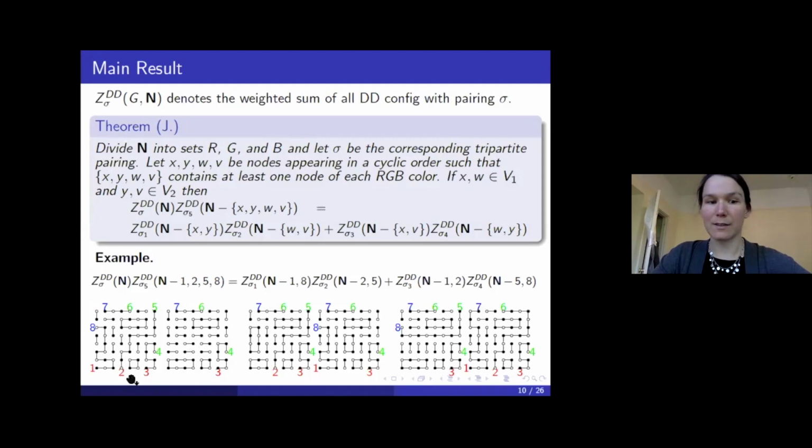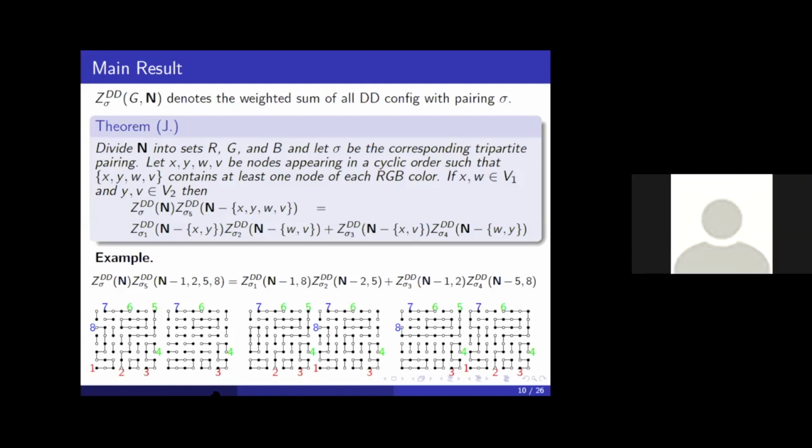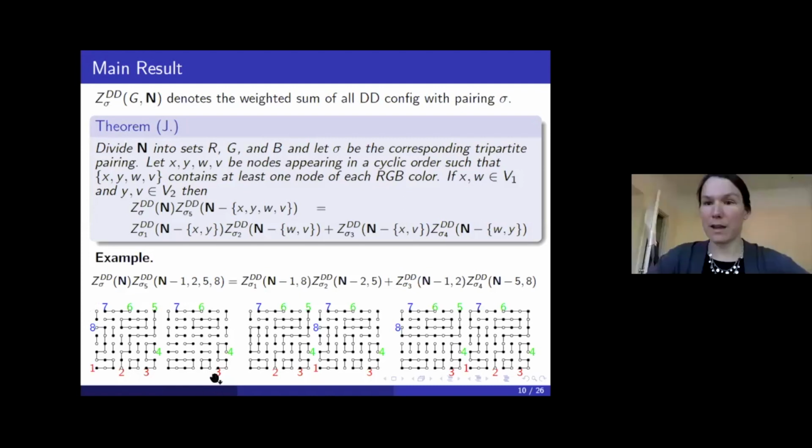So on the far left, we have a double dimer configuration on this grid graph with 8 nodes, but then the next term is a double dimer configuration on a grid graph with just 4 nodes. I see. Okay. Any other questions?